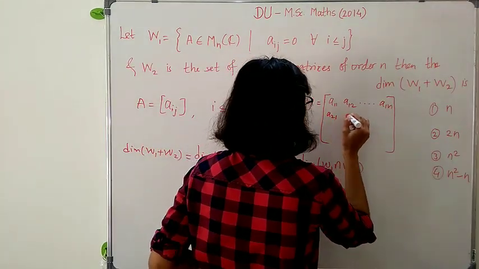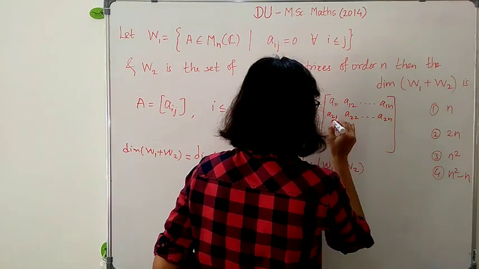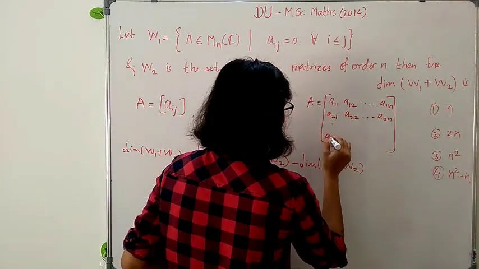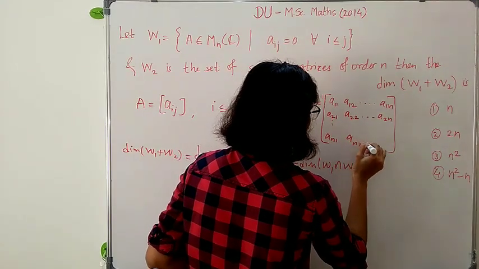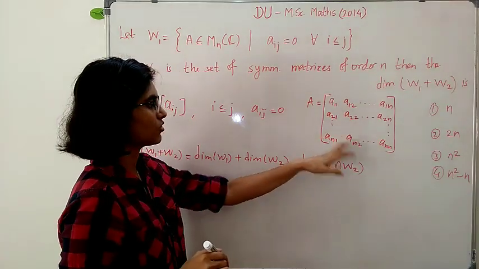Second row is A21, A22, A2n and so on. Last is An1, An2, Ann. Right, this is of size n by n.